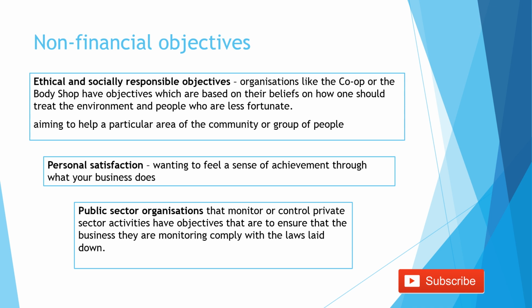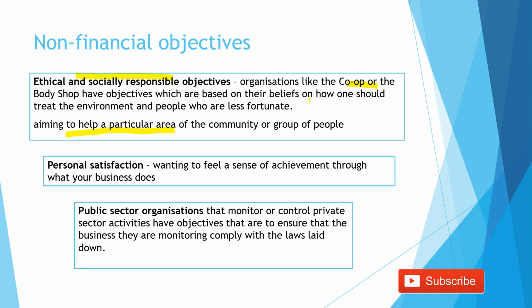So now let's look into some non-financial objectives. These could be ethical and socially responsible objectives. Organizations like the Co-op or the Body Shop have objectives which are based on their beliefs on how one should treat the environment and people who are less fortunate, aiming to help a particular area of the community or group.